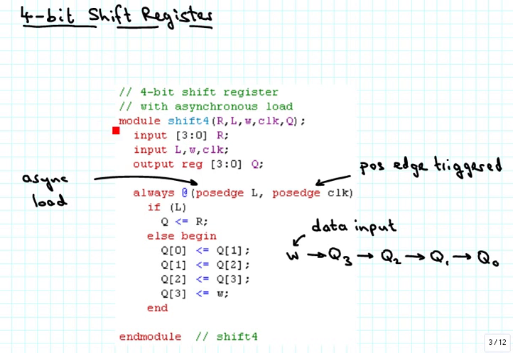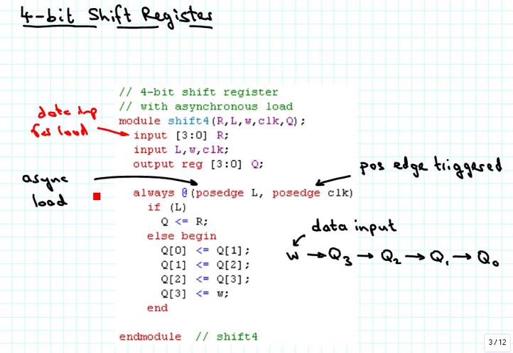R is the data input for loading, and Q is the output. Then the variable L here goes high when we load the shift register. W is the input that goes into the serial portion of that shift register, and clock is the clock for clocking it.